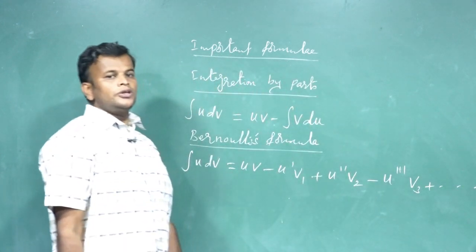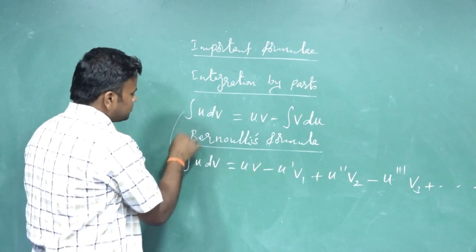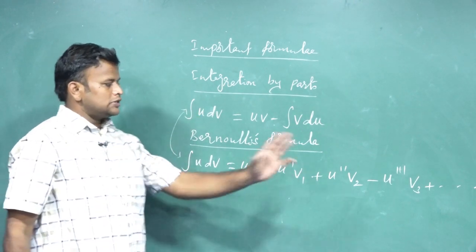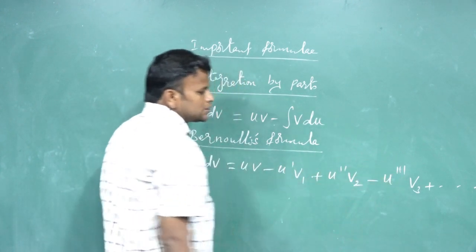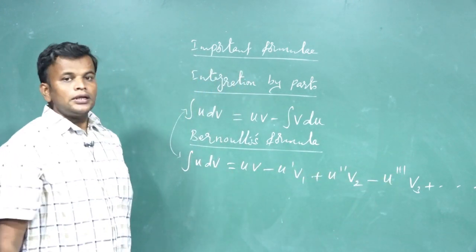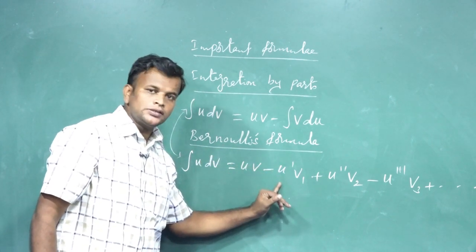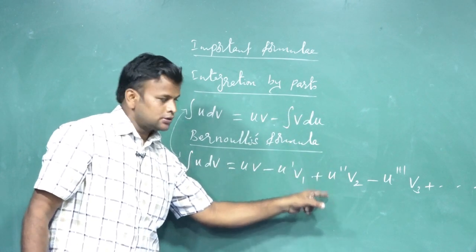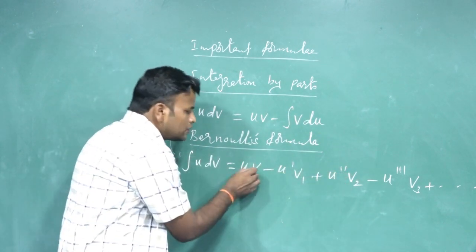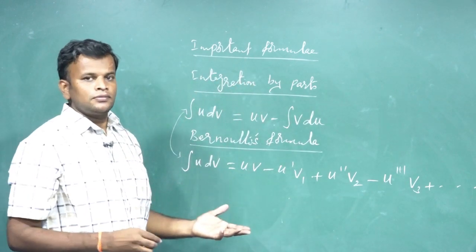It goes on. You see in both the two formulas, LHS are the same, but the RHS are varying. Here, you know very well, dash, double dash, triple dash all indicate differentiation. So differentiating u with respect to x is u dash. Differentiating u dash with respect to x is u double dash, then triple dash. And v, v1, v2, v3 all indicate integration.